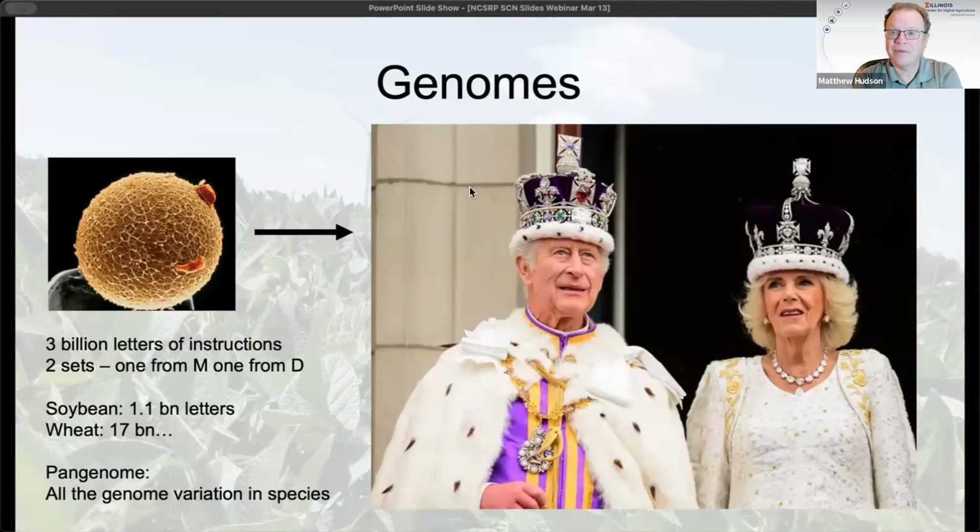And the same is true of soybeans, and the same is true of soybean cyst nematodes. So human genome takes about 3 billion letters, soybean takes about 1.1 billion, wheat takes about 17 billion. So crops and people carry a similar amount of genetic information, and we're not always sure what most of it does. I'm going to tell you about our progress on the soybean cyst nematode genome and what we think that does.